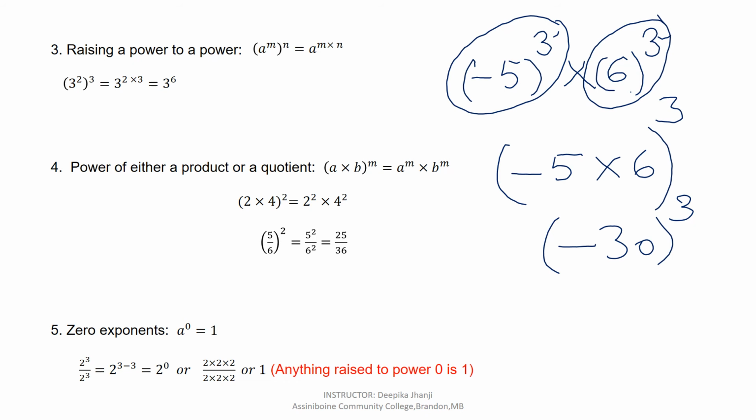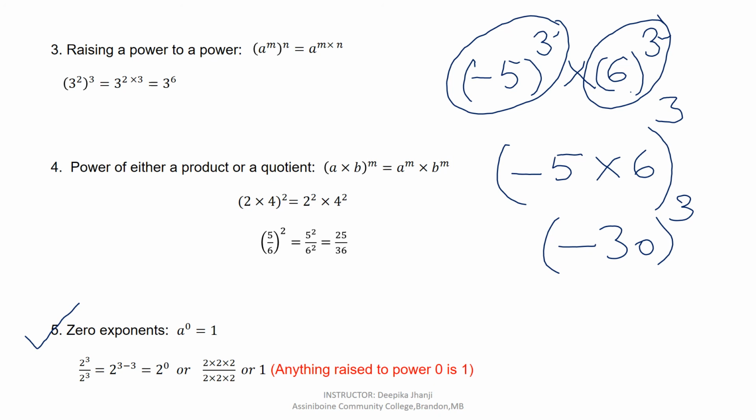Next law, very important and simple law of exponent. It says any number raised to power 0 should be replaced by 1. Any number raised to power 0 is 1, right? We have considered one example here. Let's say you have 2 cube upon 2 cube.